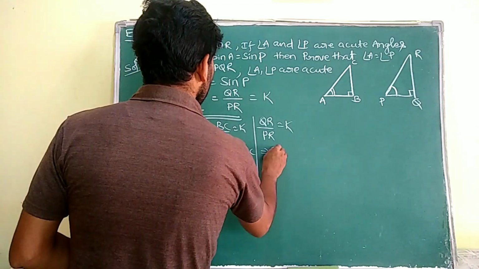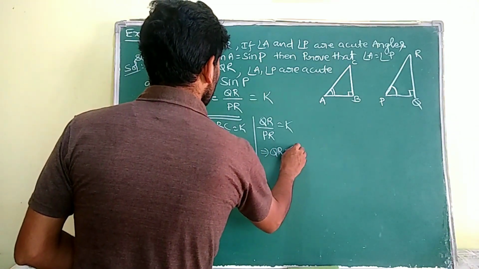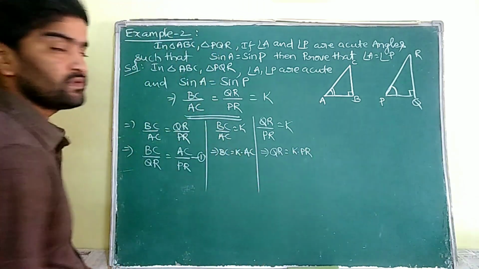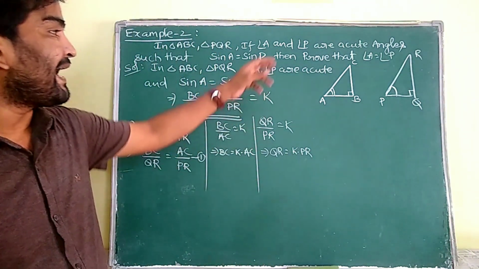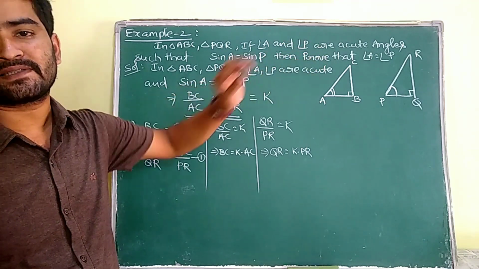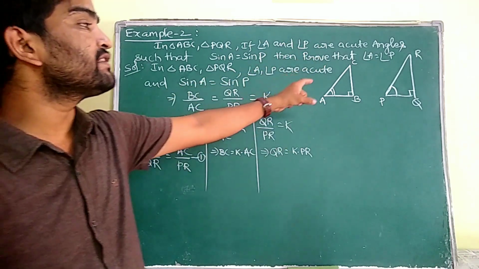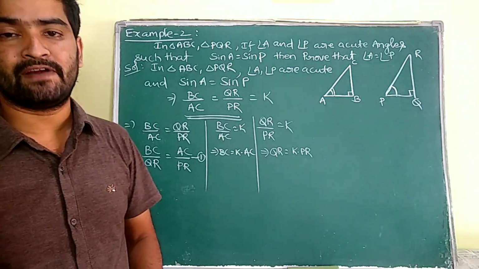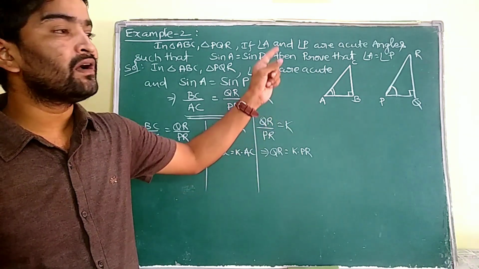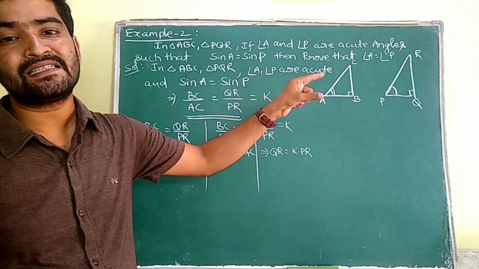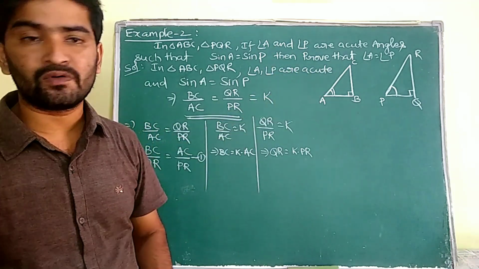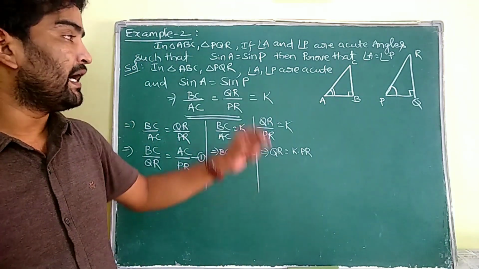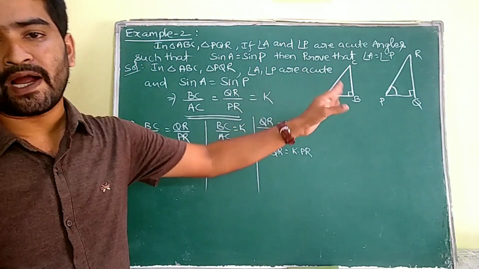Similarly, here QR is equal to K into PR. Now, to prove angle A and angle P are the same, I have to prove these two triangles are similar. That is the only way I have, because in two similar triangles, the corresponding angles are equal. To this A, that P is the corresponding angle. I have to prove that angle A is equal to angle P.